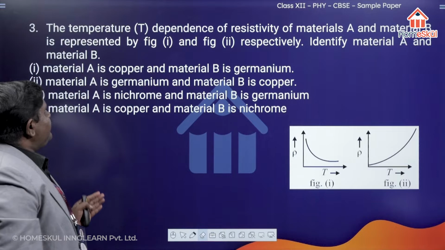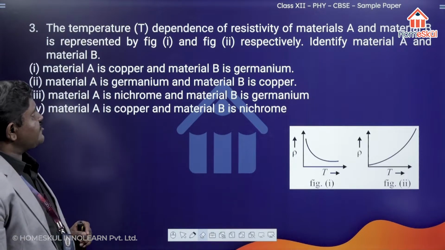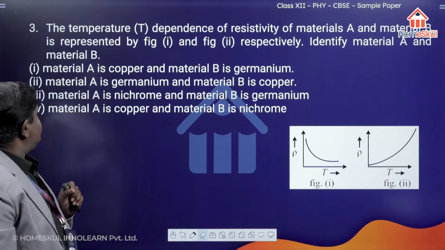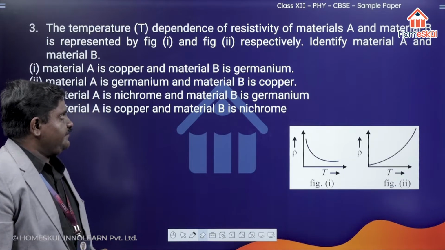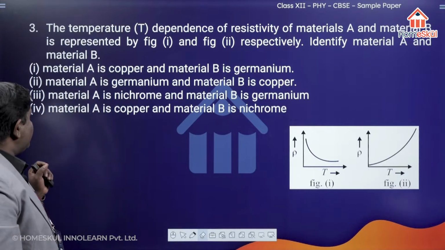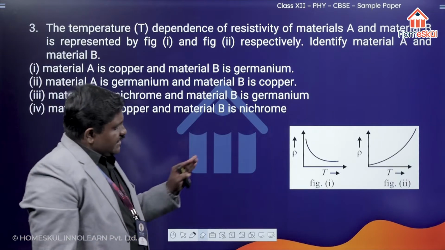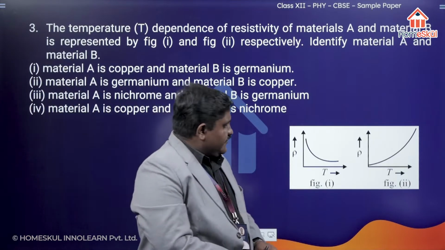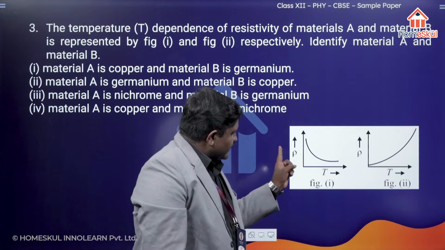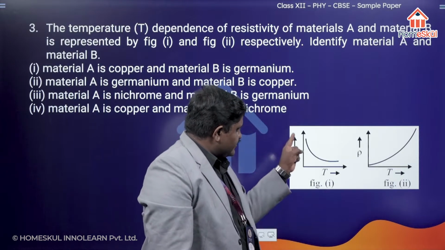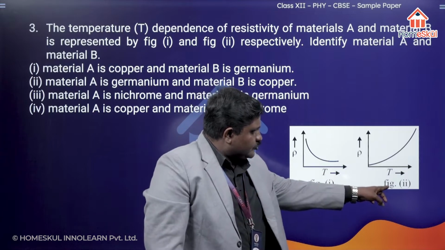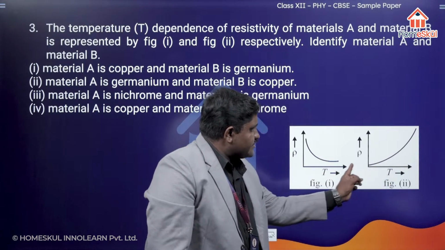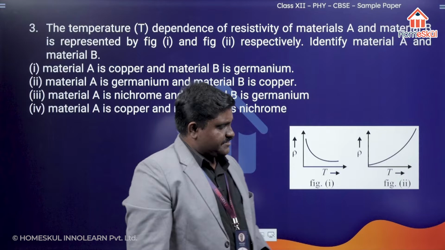The temperature T dependence of resistivity of materials A and B is represented by figure 1 and figure 2 respectively. Identify material A and material B. Here the figure is given. In figure 1, it is clear that when the temperature increases, the resistivity decreases. In figure 2, when the temperature increases, the resistivity increases.